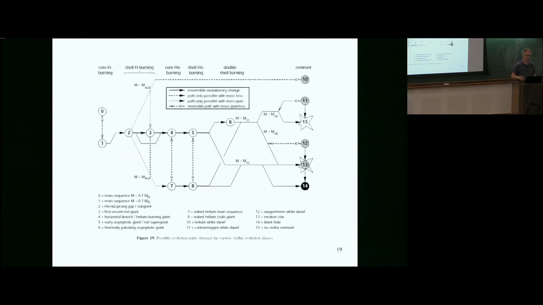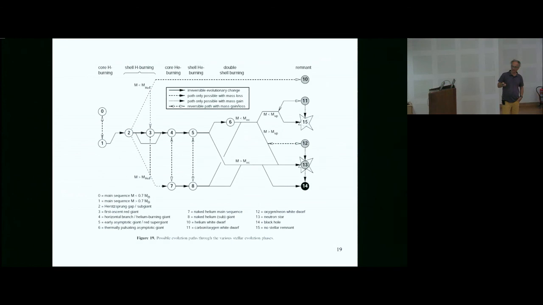So I'll finish with this slide that shows the evolutionary scenario for single stars. These are the types of stars, and these are the possible mechanisms, and these are the possible switches of states of stars when we include binary evolution.